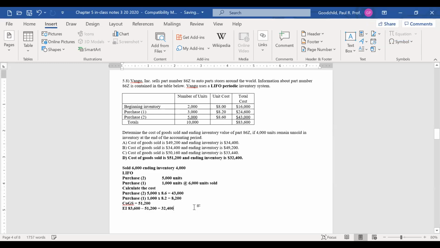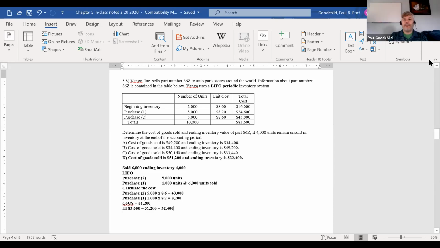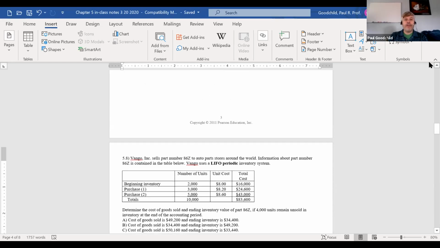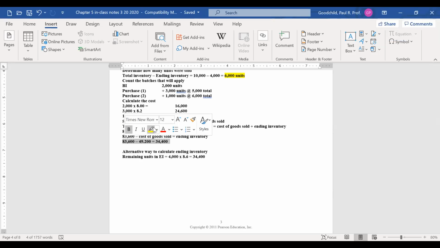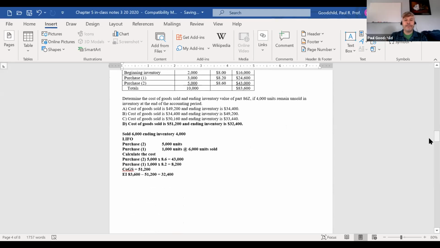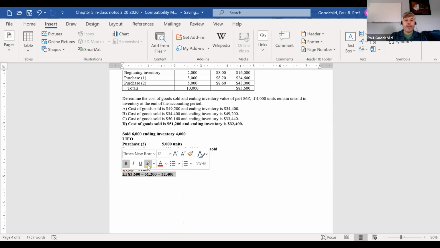Okay. So are our two costs of goods sold the same, or are they different? Using LIFO in this case, they were about $2,000 different. If you look up here, we had a cost of goods sold, and then down here we had 51,200.